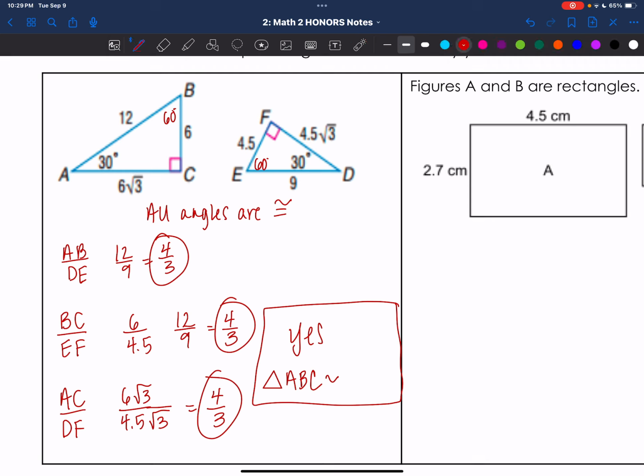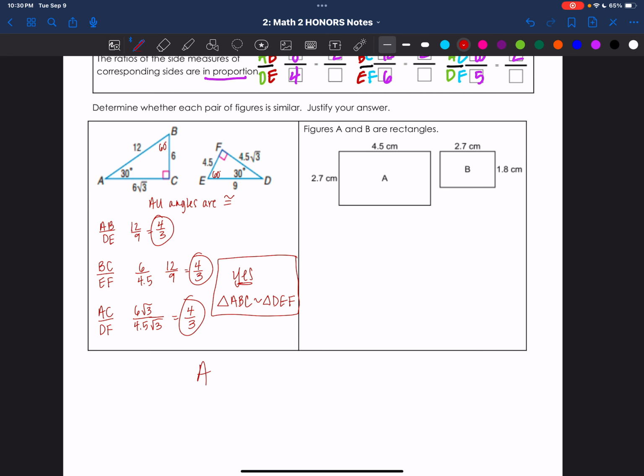So now let's write our similarity statement at the bottom. We said that angle A goes with angle D, angle B and angle E go together, and angle C goes with angle F. So these are similar, and we know that because angles are congruent, sides proportional.